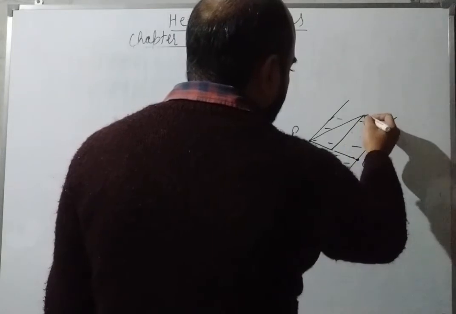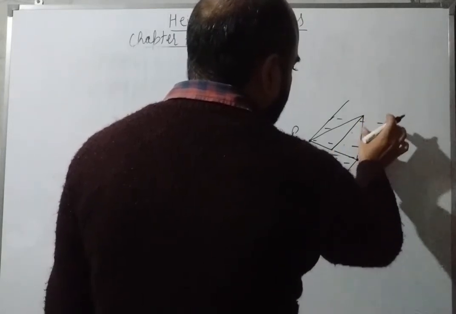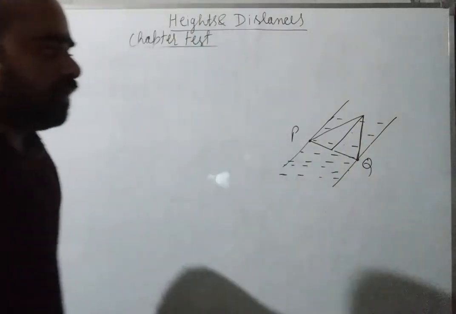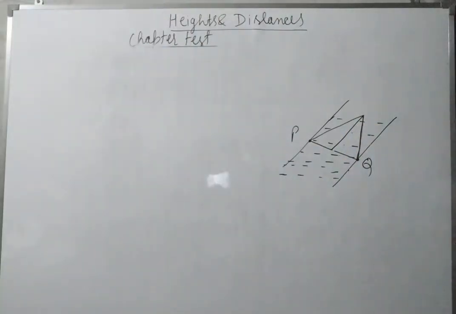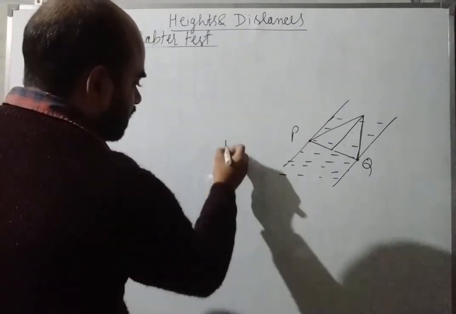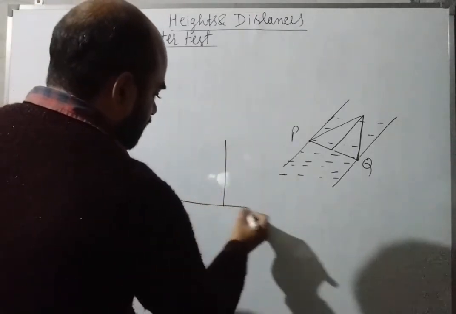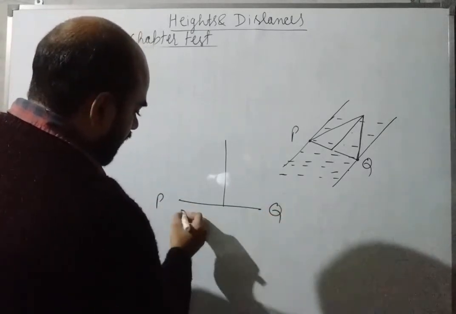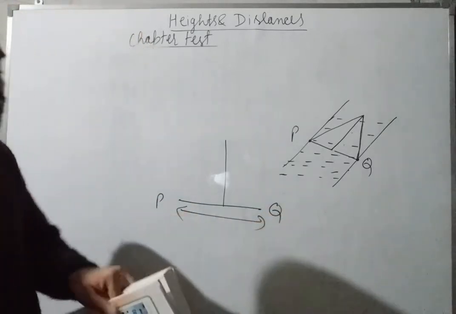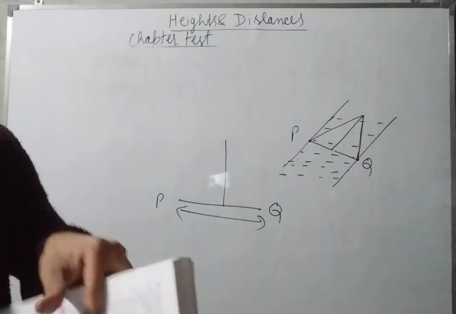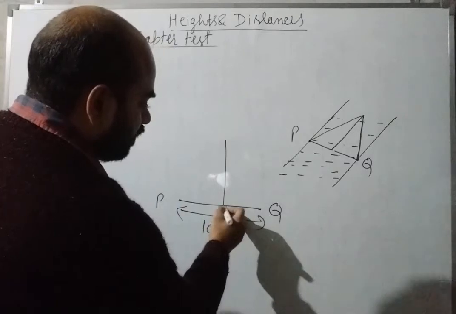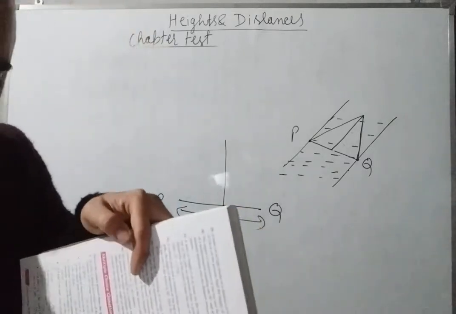So the angle of elevation from both the points is given. It means if you draw the diagram, it is like this. This is the tree. These are the 2 points P and Q. And the width of the river is given as 100 meters. P and Q and the foot of the tree, all three lie in the same line.